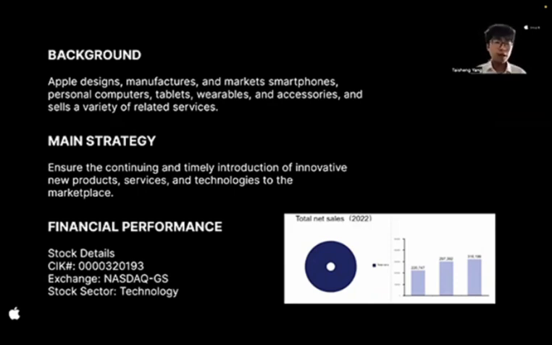Apple's main strategy is to ensure the continued and timely introduction of innovative new products, services, and technologies to the marketplace, and financial performance. And they have some stock details about Apple, such as the CIK code and exchange code.